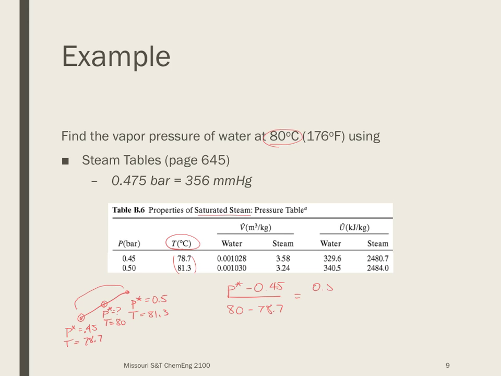So 0.5 minus 0.45 all over 81.3 minus 78.7. And the answer is very close to being 0.475 bars, which, if you want it in millimeters of mercury, is 356 millimeters of mercury.